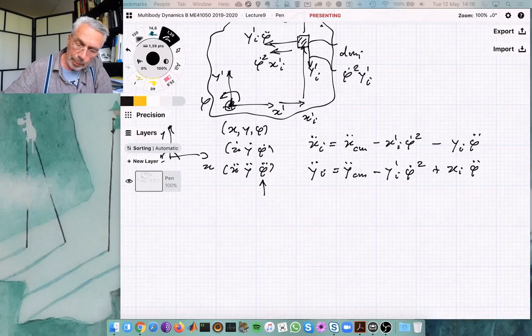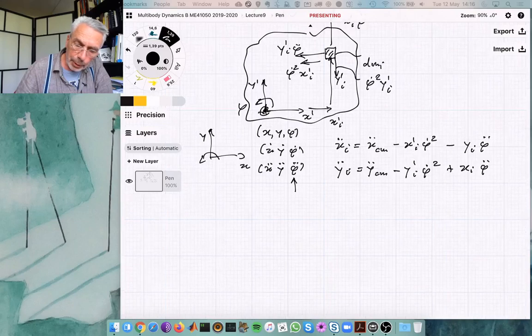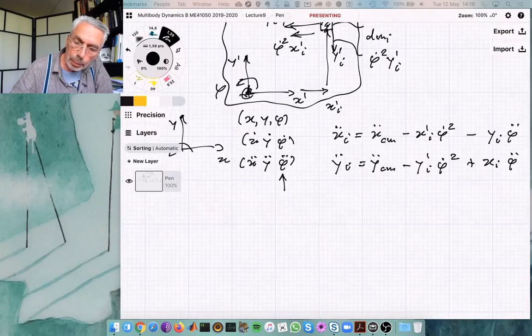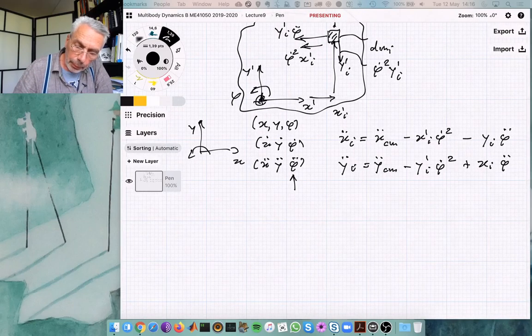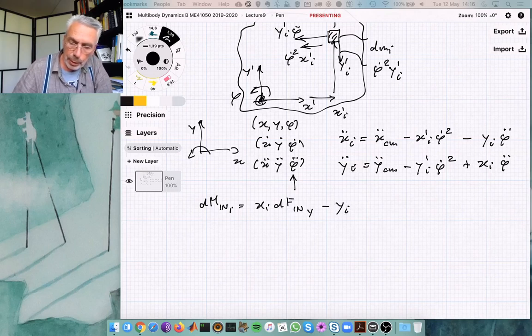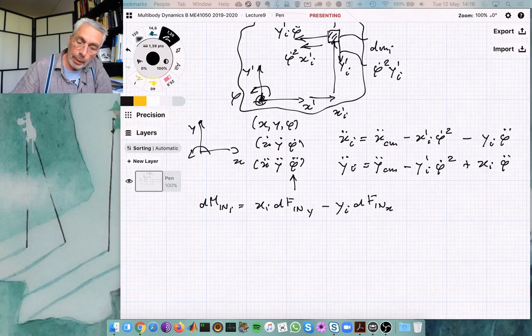Remember, we had our expression: dM inertia i equals this distance x i times the dF inertia in the y direction, minus, we see that minus sign again, dF inertia in the x direction. And these inertia forces are, of course, the dm times this acceleration.